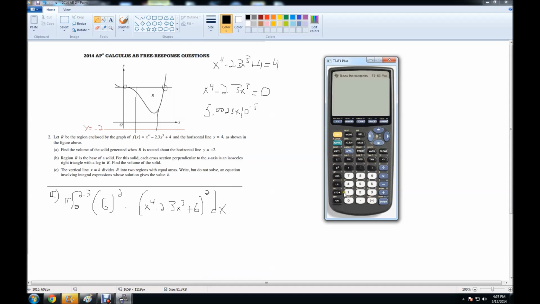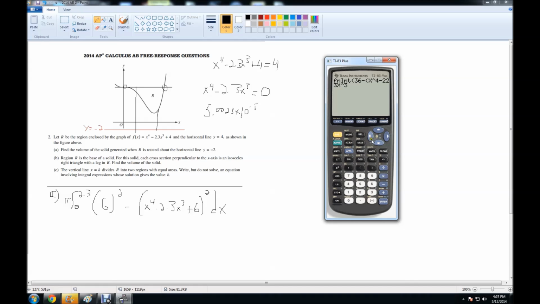Now, evaluating this, my calculator responds. We have the function integral of 36 minus, let's put parentheses, x to the power 4 minus 2.3 x cubed.